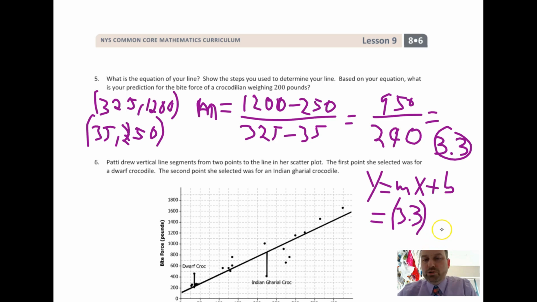Let's use 325 and 1200. Sorry it's taking so slow. This thing's super delayed.